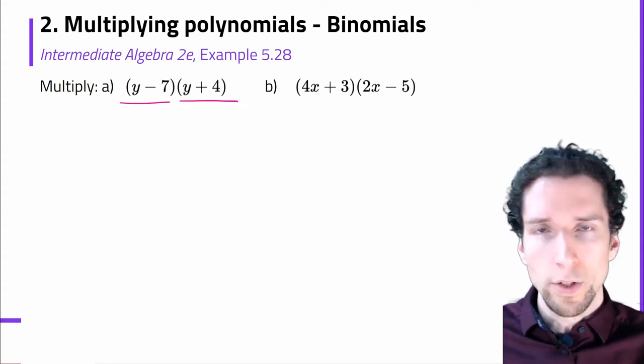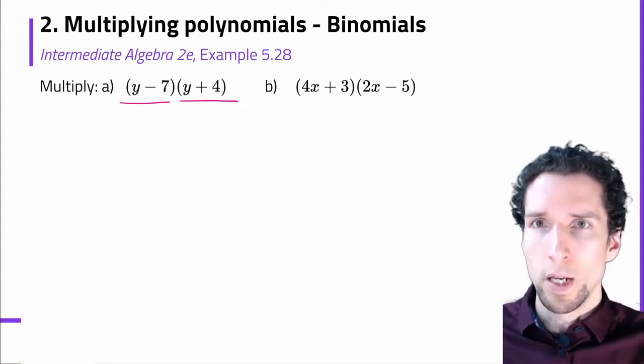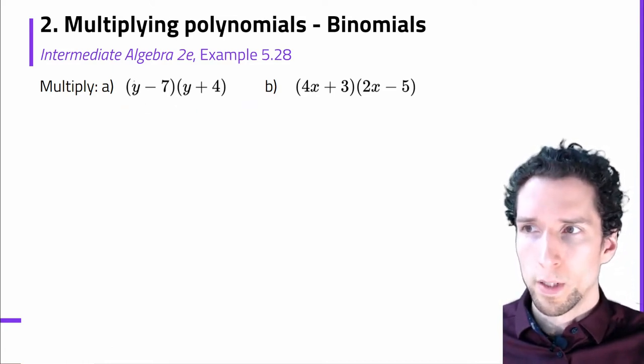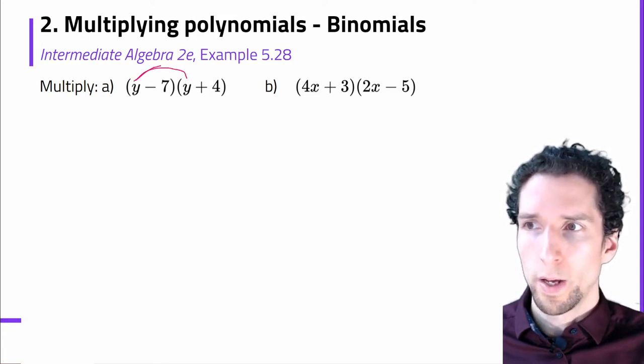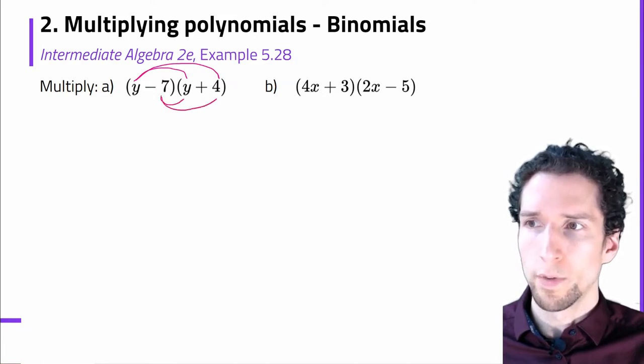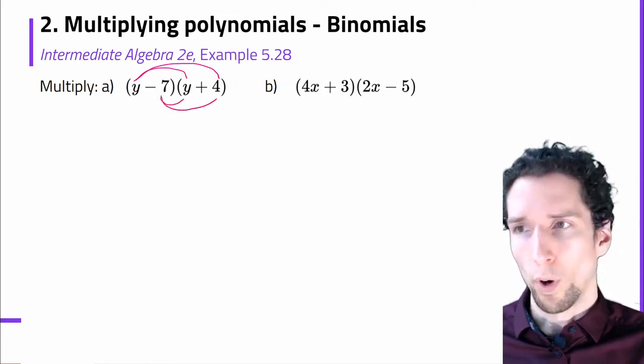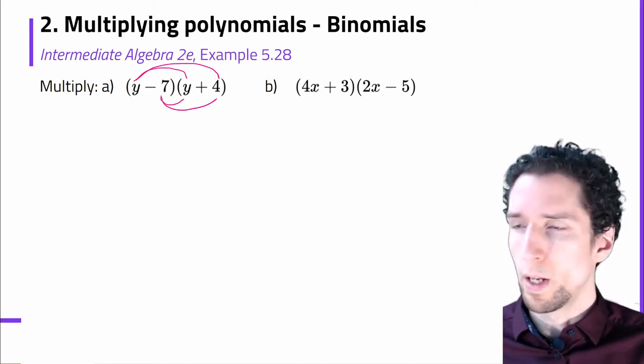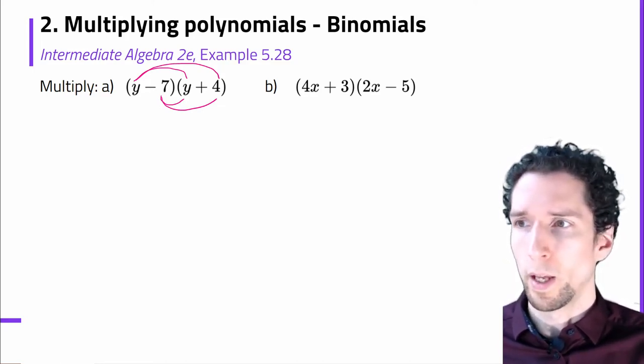So each thing in the first one times each thing in the second one. So it will be this y times this y, and then this y times this 4, and then this -7 times this y, and this -7 times this 4 here. So 4 parts, and we just write each of them out and then simplify if possible.